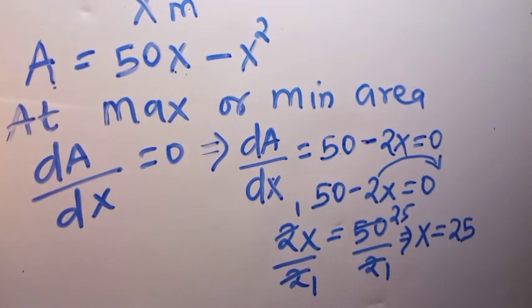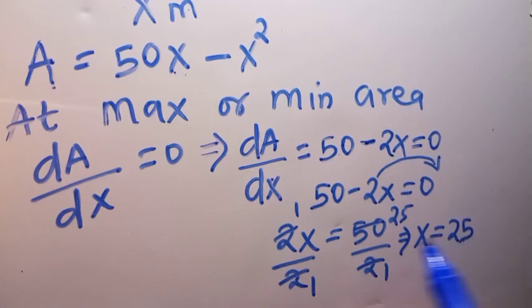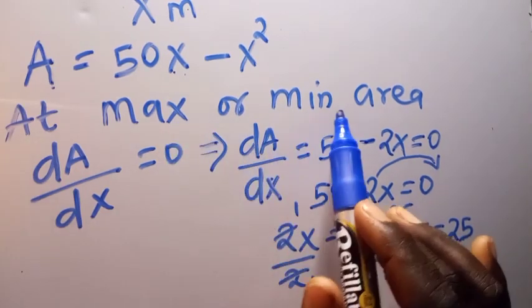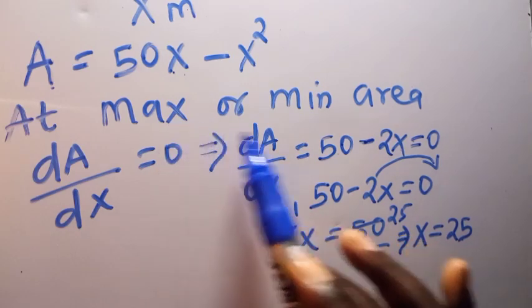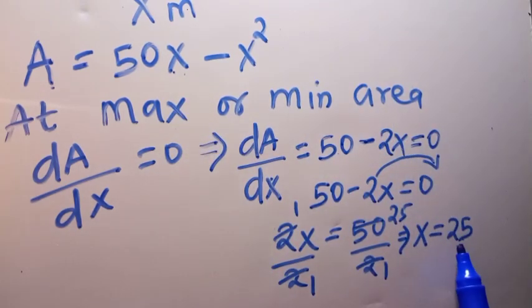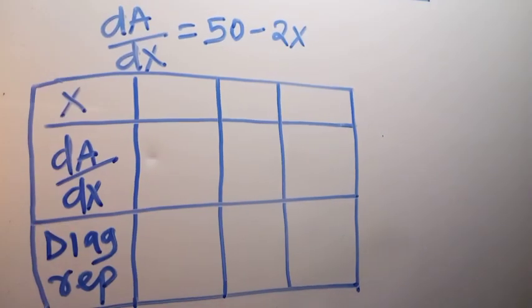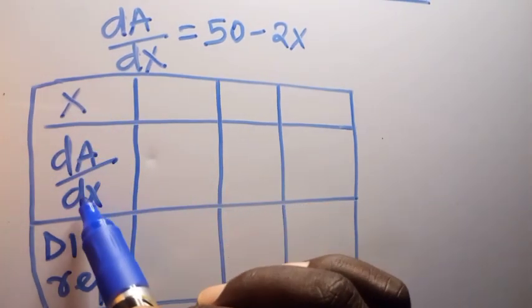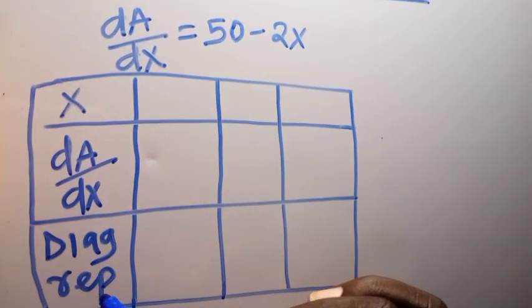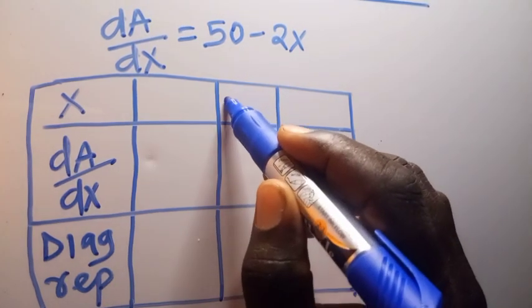Now, we need to know whether when x is 25, our area will be maximum or minimum. Now, I want us to consider this table. Considering this table, we shall have our x, dA over dx and a diagrammatic representation. This table will have 25 at the center here.